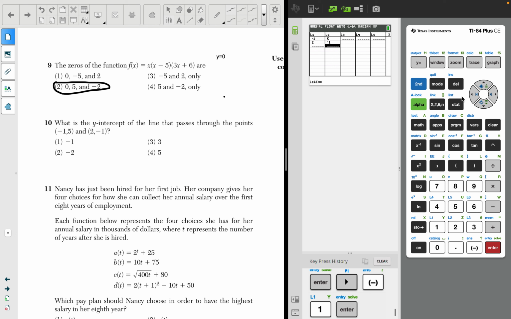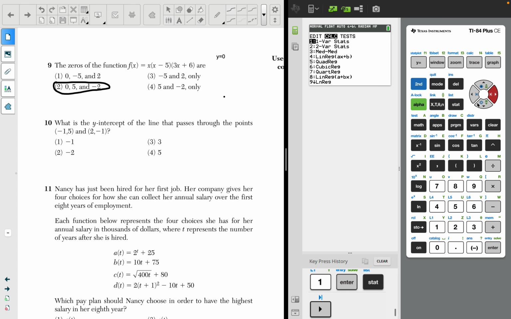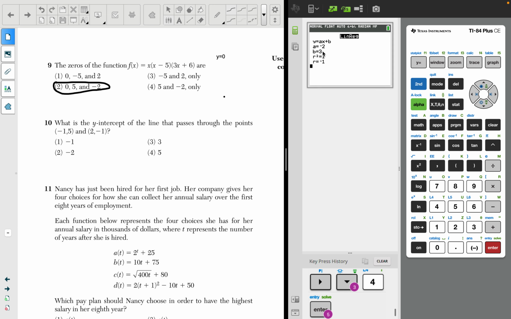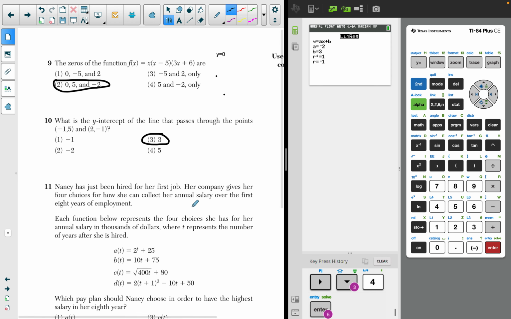So we're going to do stat, calc, and then we're going to go to 4, enter, enter, enter, enter. So now, what is the y-intercept here? It is the number b. So that is 3 in this case, and we can choose 3.